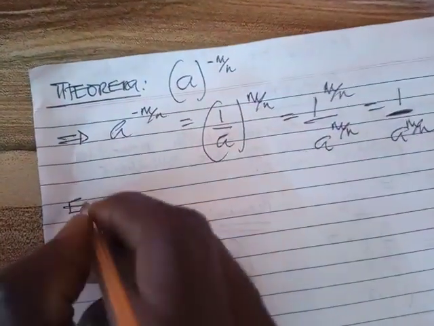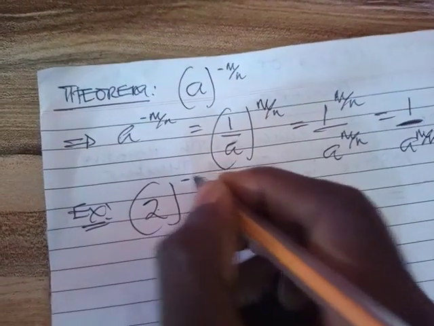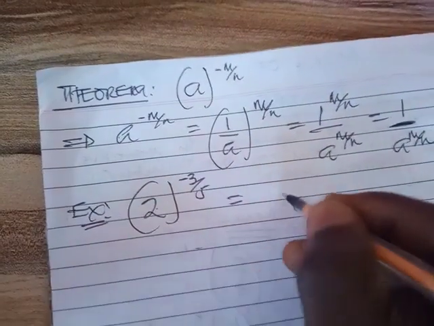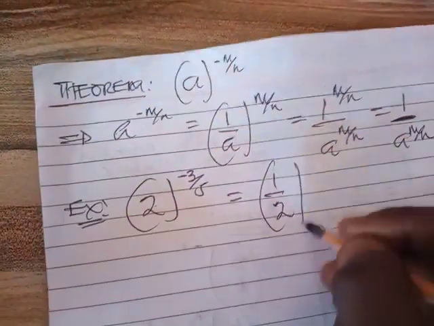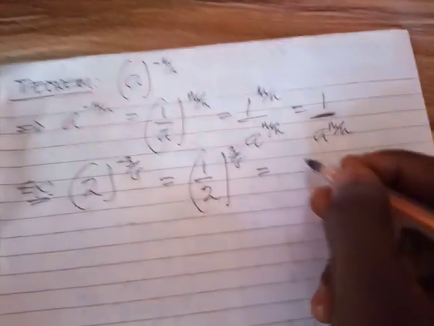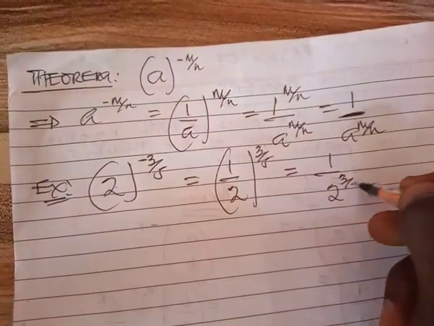So with this, let's use some numbers. If I have 2 exponent negative 3 over 5, it's the same as 1 over 2 exponent 3 over 5.